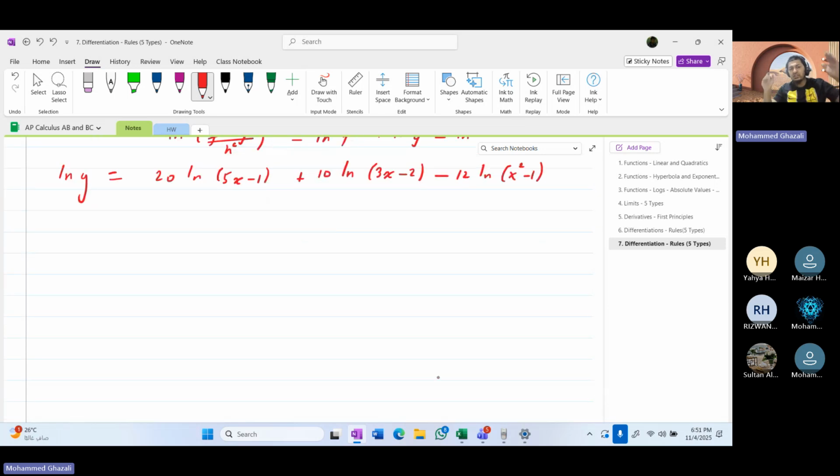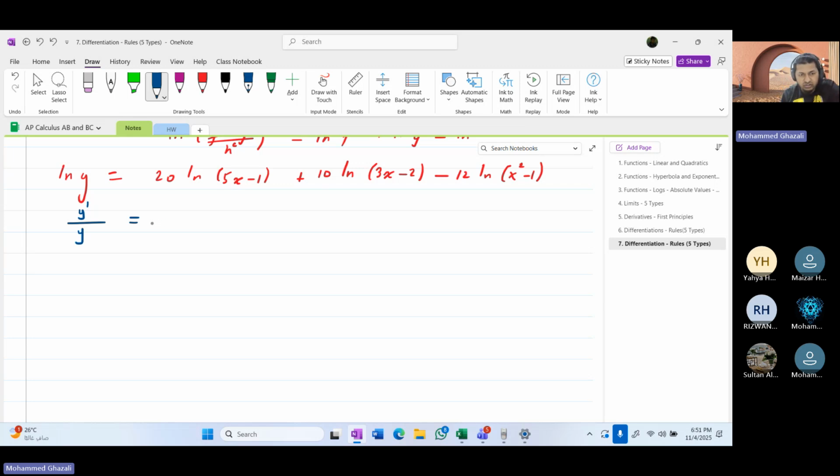And then all you need to do is just apply logarithmic differentiation. So what is the derivative of ln y? You put the derivative on top, which is y prime, and take the y to the denominator. And then the rest of it is easy to differentiate. No need to go and use product and chain rule.